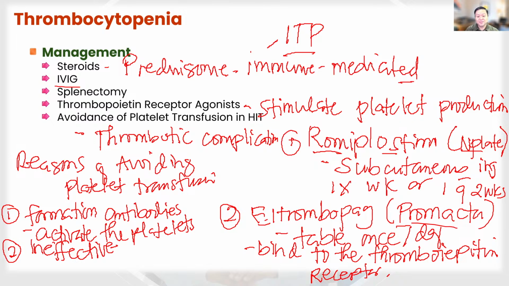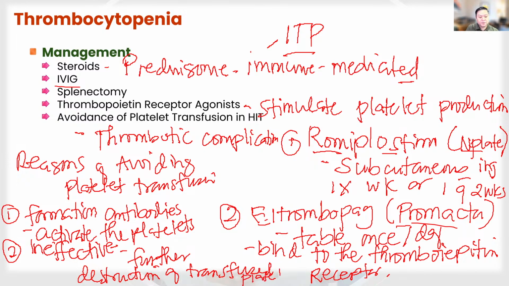Well, the antibodies will continue to cause the destruction of both the transfused and also endogenous platelets, okay? It becomes ineffective because the antibodies will further destroy the transfused platelets. So it's not really going to work for this HIT.